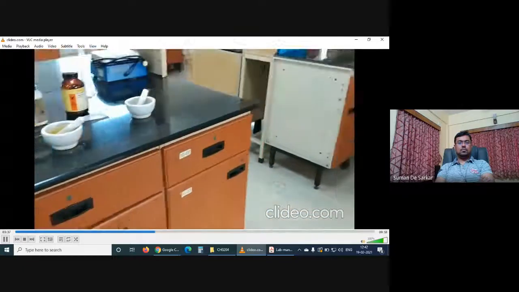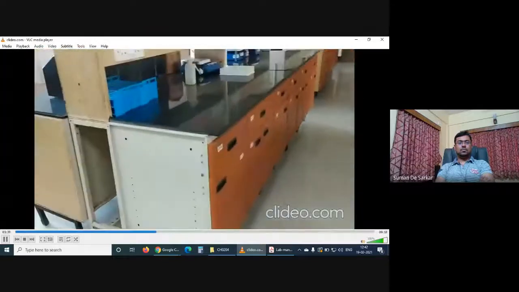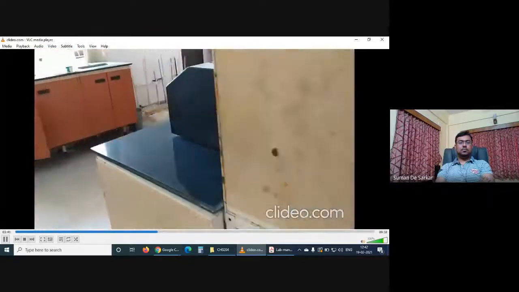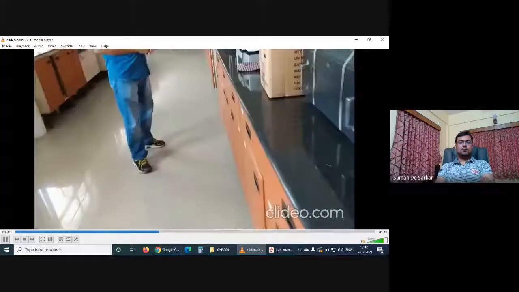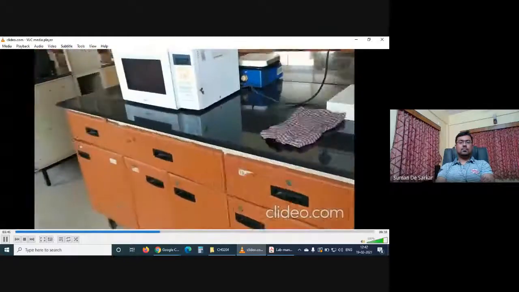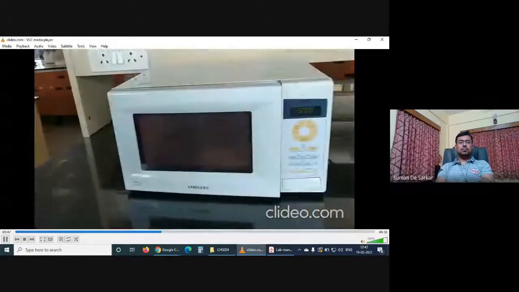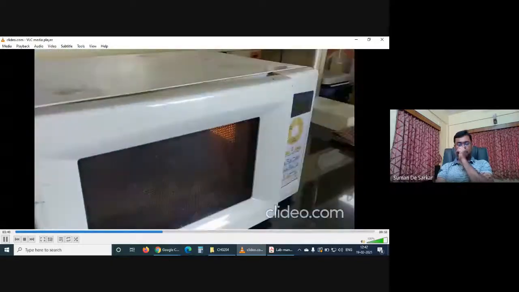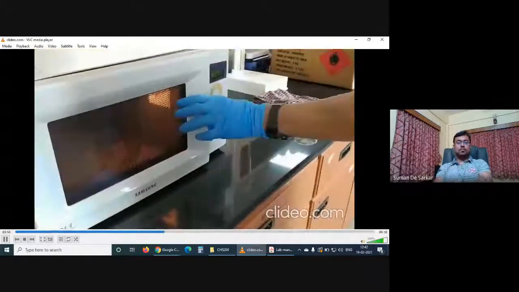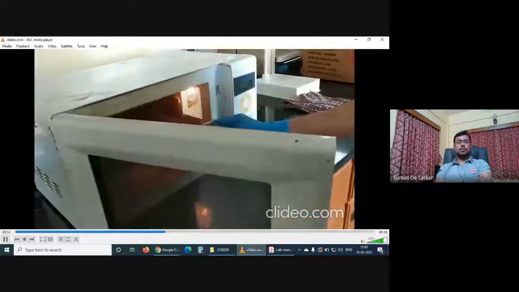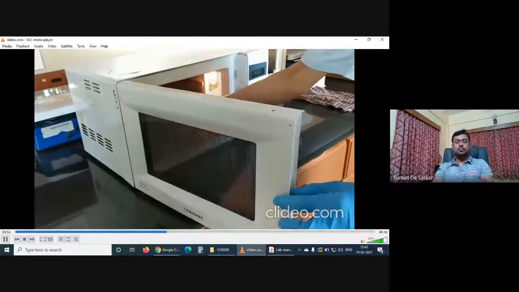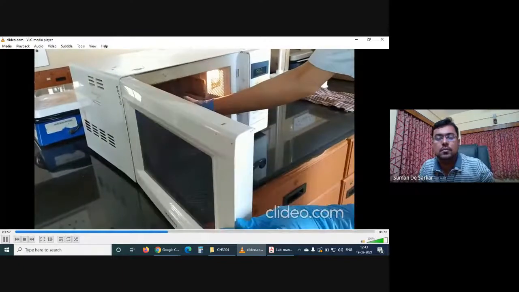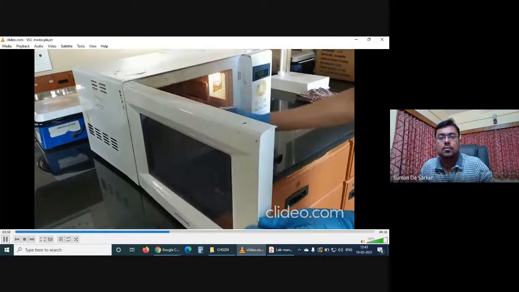So in the lab, we have a microwave. It's a kitchen type of microwave, but this is okay for a microwave reaction with a beaker. We'll go for 90-second microwave irradiation.